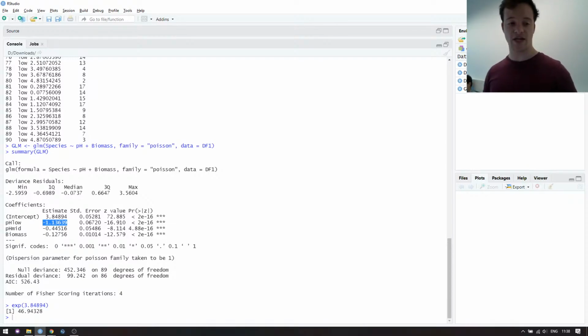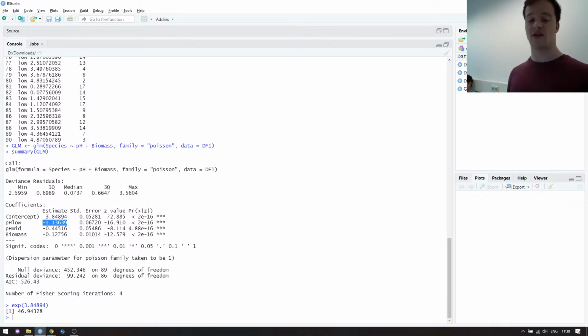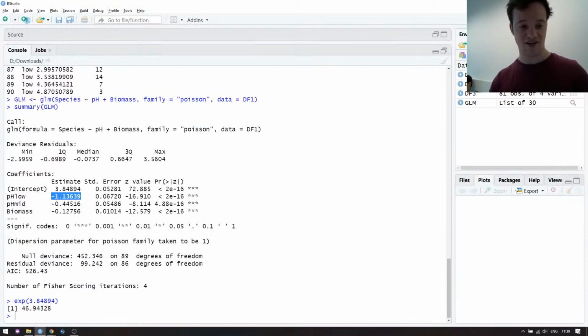Okay, let's take one step back. On the scale of the linear part, the intercept is 3.8. What is the expected value for pH low? Approximately 3.84 minus the 1. Exactly, that means I have to make it bigger.